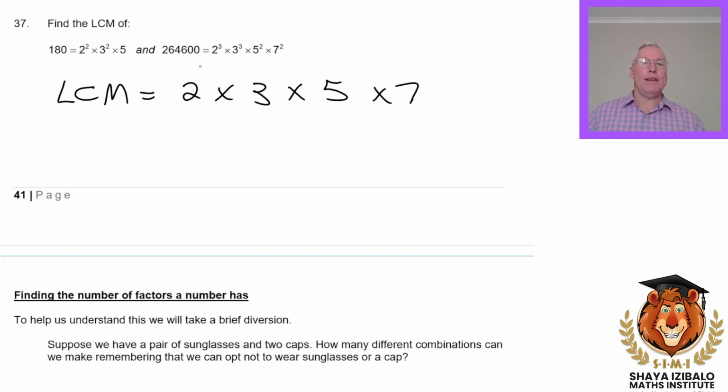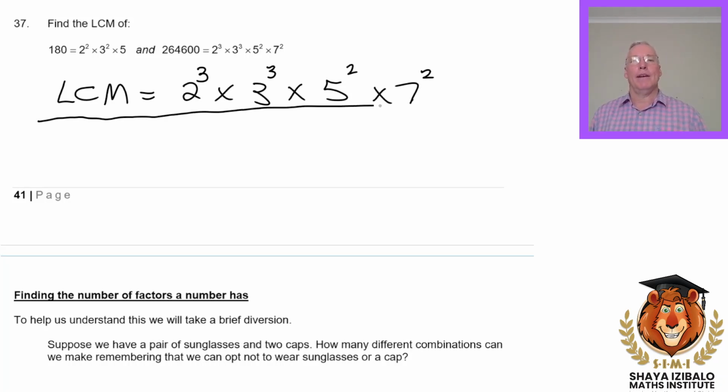We need to have three 2s in order for this one to divide in. Let's think of the same thing about the 3s. In order for them both to divide in, we need three 3s. In order for them both to divide in, we don't just need one 5, we need two 5s. So we're taking the higher number in each case. And for 7, we need 7 squared. I'm not going to multiply that out, I'm going to leave it there.